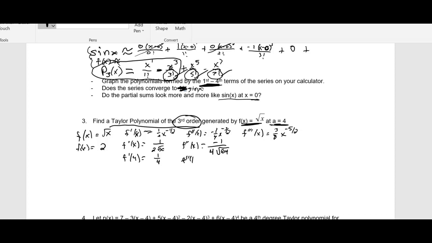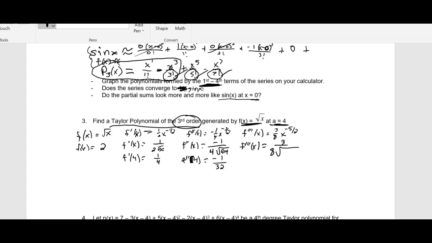So our second derivative, I got too many tick marks there, so my second derivative at 4 would be a negative 1/32.